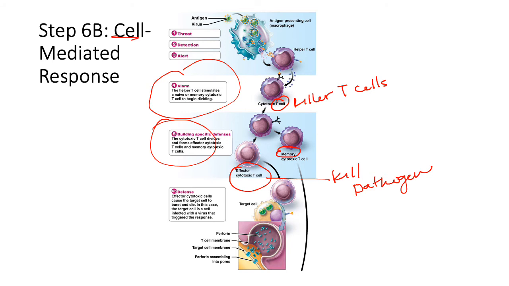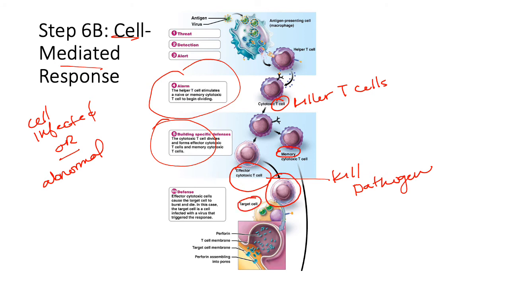Remember that the cell-mediated response happens when a cell has been infected or it's abnormal. So in this case, rather than releasing antibodies into our system and having those antibodies go and find our pathogen, that entire killer T cell that we see here is going to go on and find whatever target cell has been infected.